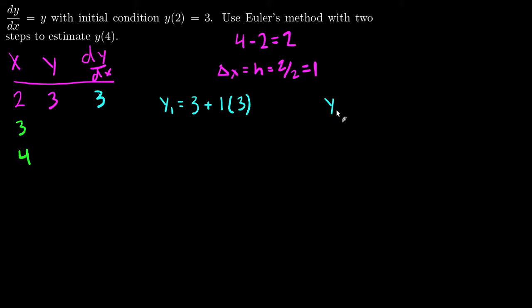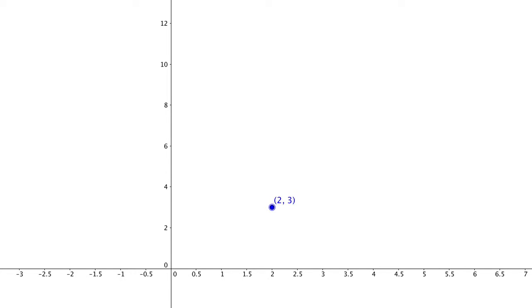That is, y1 equals y0 plus h times dy/dx at 0. So in here, I get 6. And looking at the graph, I'm starting at (2, 3). I make a step of slope 3, 1 unit to the right, and end up at (3, 6).